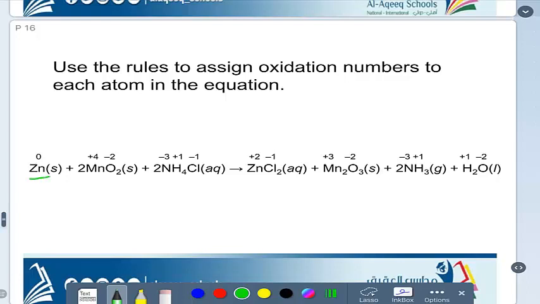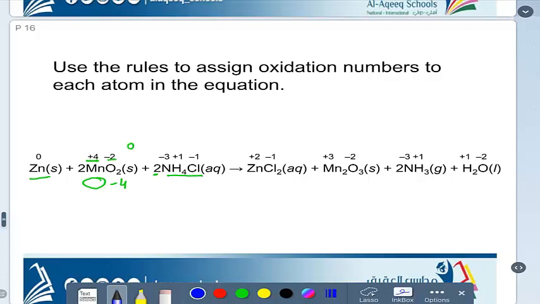This zinc is 0 because it's an uncombined element. Oxygen here is -2 times 2, -4. Okay, and we have to make here +4 for manganese to make the overall charge 0 because it's a compound, so Mn is +4. Here NH4Cl, don't concern this coefficient, but NH4Cl, what happens here?